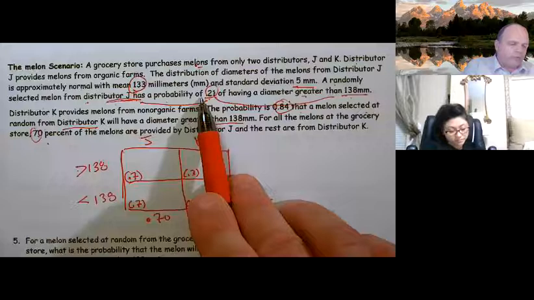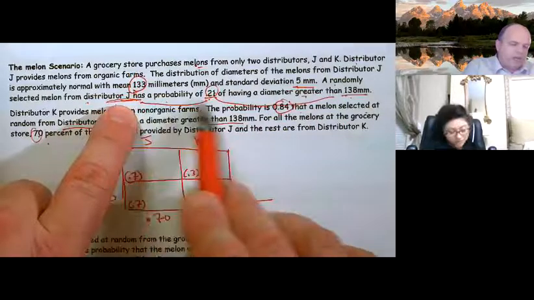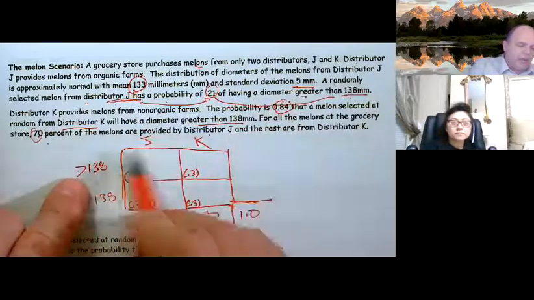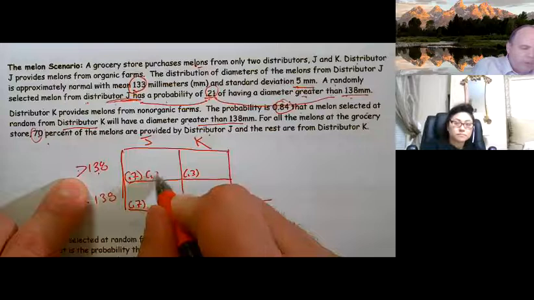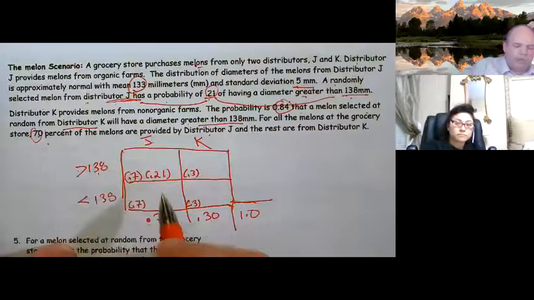Looking at this first one, a randomly selected melon from J has a probability of 0.21 greater than 138. So J and greater than 138 is here, so this is going to be 0.21 because this is the intersection of J and greater than 138.